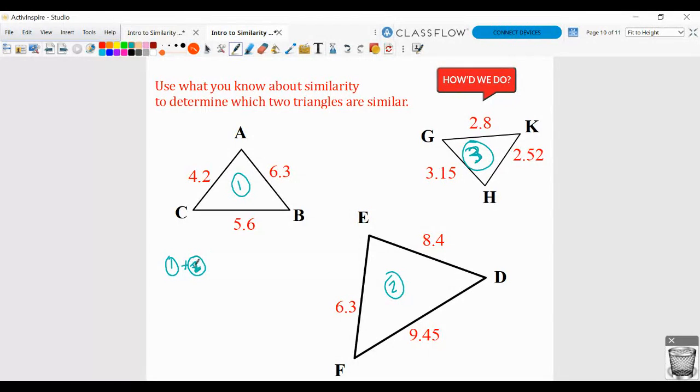Okay, and I'm going to do the exact same thing I did on the other slide. Let's set up some proportions. 4.2 over the smallest, 9. If it's similar to triangle 2, the smallest one is 6.3.